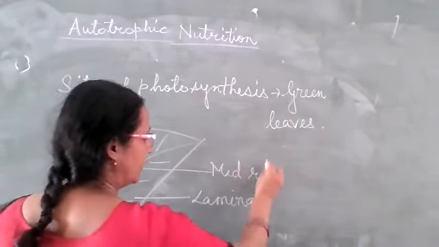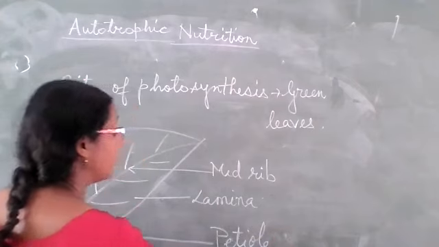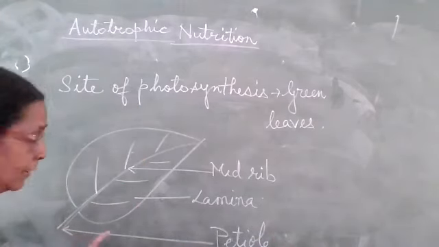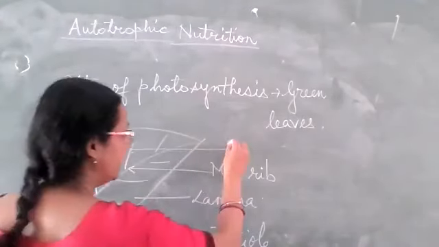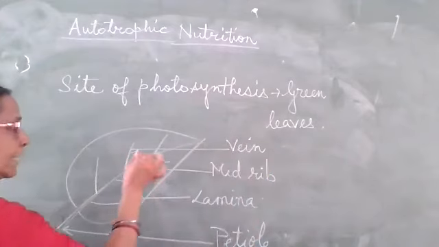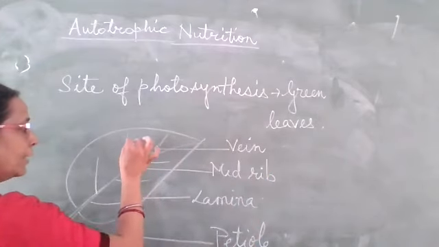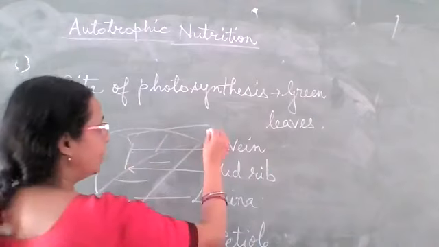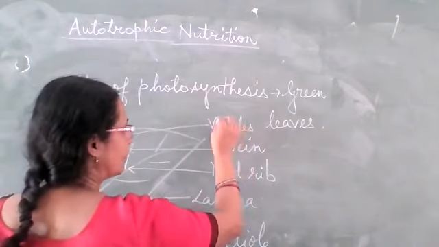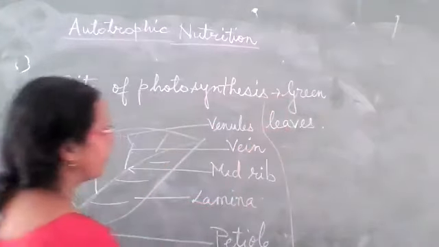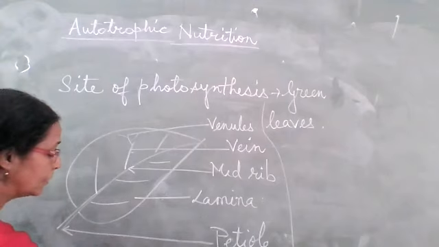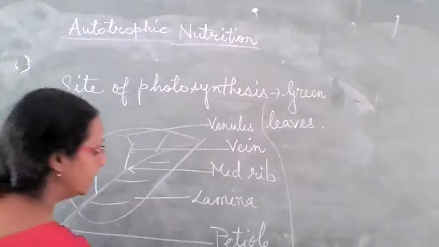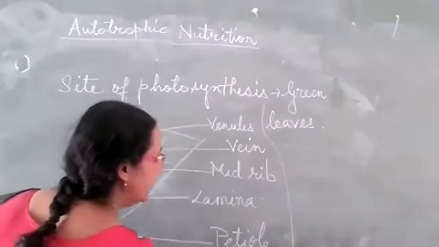This one is petiole. Petiole, leaf lamina, midrib. What comes out from the midrib is a vein, and if further branches are coming out like this, you can see, these are veins. Below we will write the figure: structure of a typical leaf.